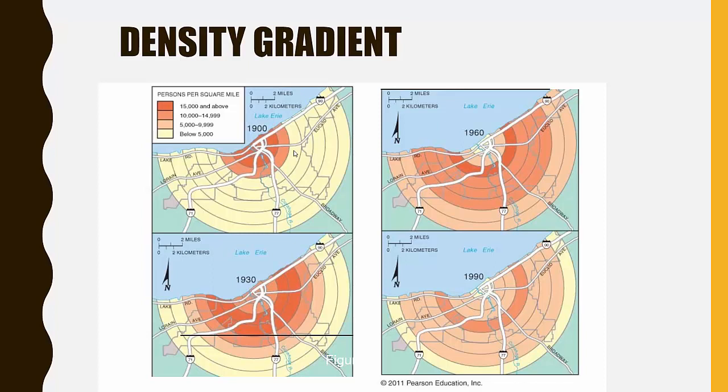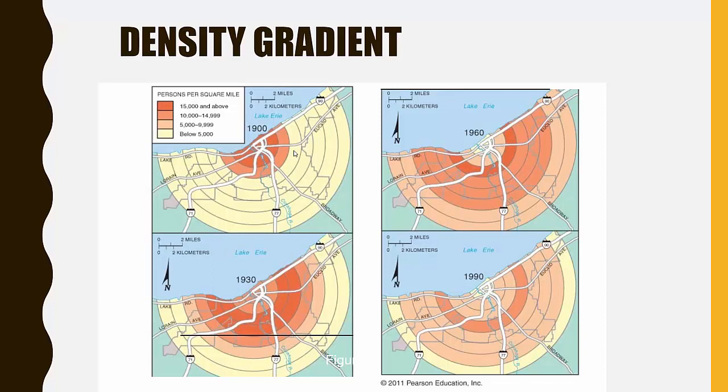In 1900, most folks are walking, and so they must live near the city center in order to access jobs and other services. By the 1930s, we're starting to see automobiles, streetcars, even some train activity, which allows folks to live a little further outward. But many still can't afford those or must live close to the city center.